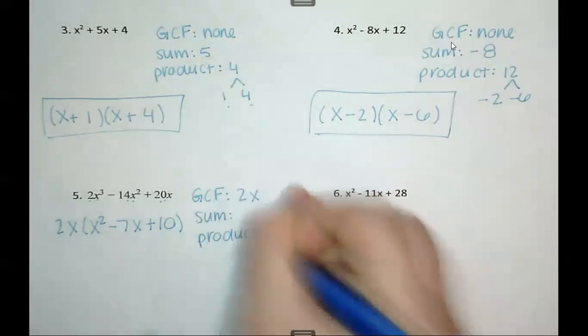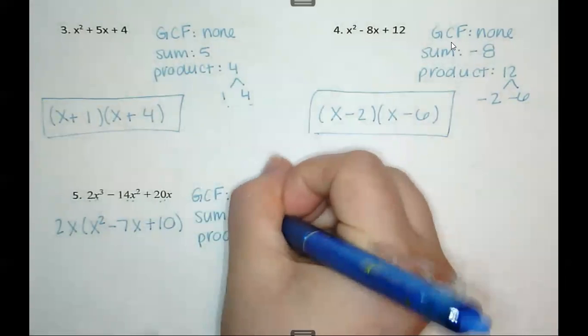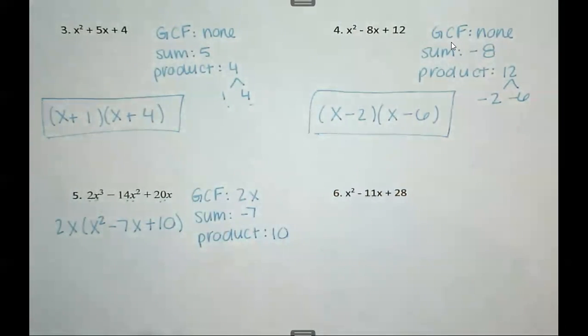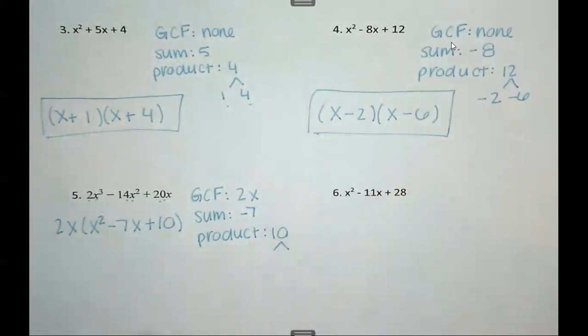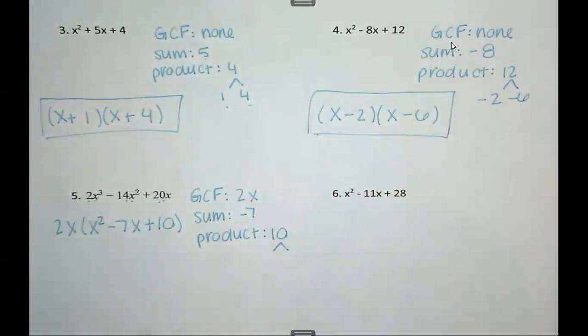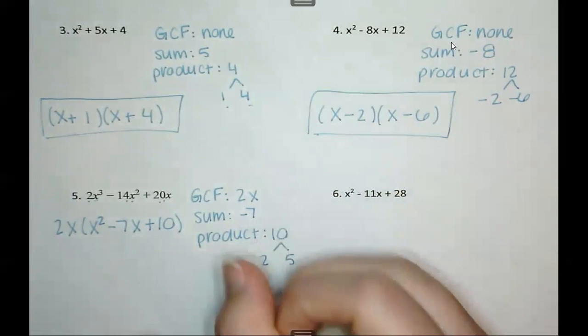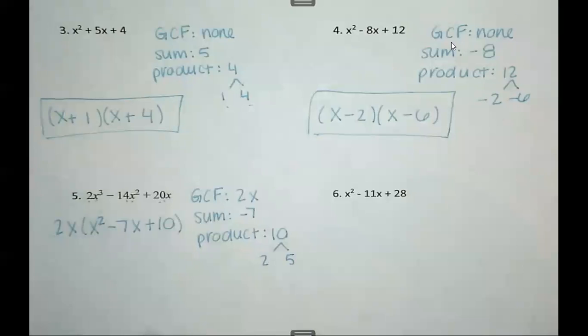So remember, your sum is your middle number, which in this case is negative 7, and your product is positive 10. So I need something that multiplies to give me 10 and adds to give me negative 7. So I could use 2 and 5, but positive 2 and positive 5 will add to give me positive 7, not negative 7.